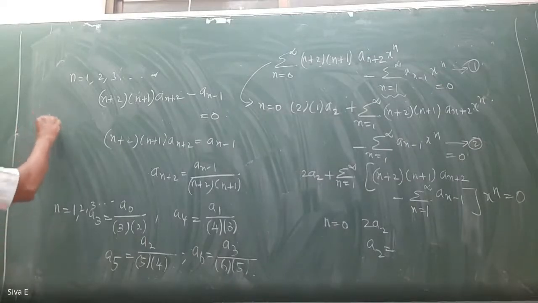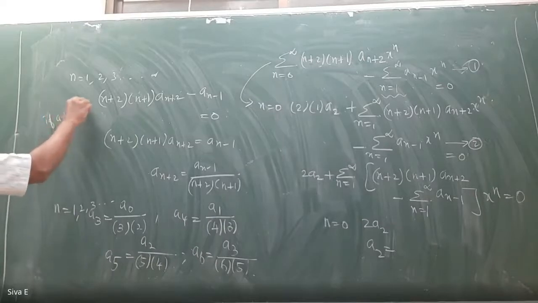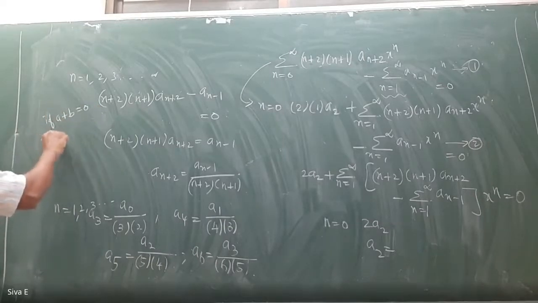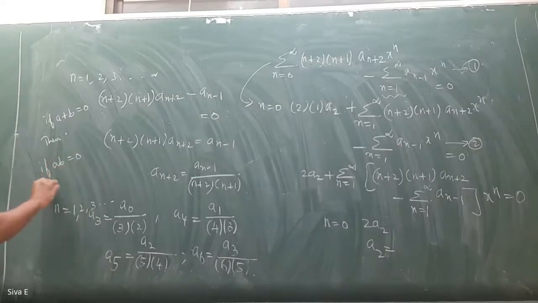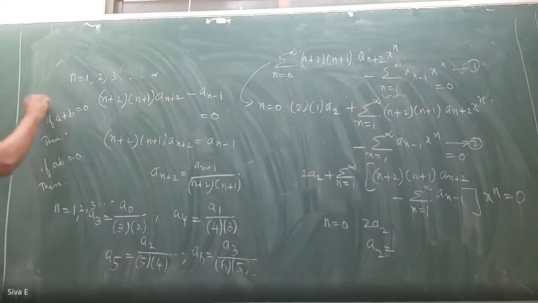If a plus b equal to 0, then what? You know the rules. If ab equal to 0, then what? These are the basics.